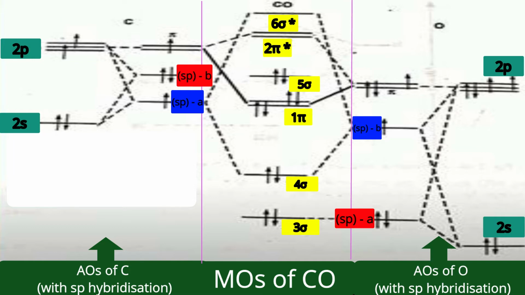Therefore, the unpaired electron will be in the spb orbital, and two electrons, let us consider from the 2s orbital, are in the spa orbital.